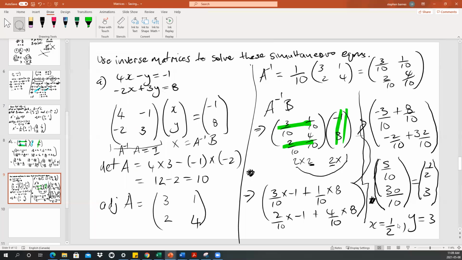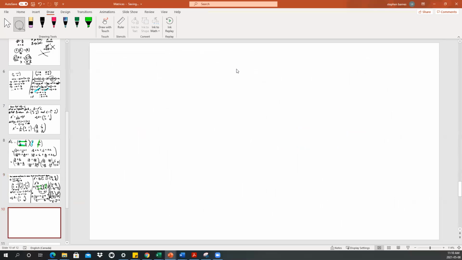I'm going to just test that these are correct by inputting them in the original equation. Of course, it's for teaching purposes, because when you practice, you're supposed to be confident that you get the right answer. Excuse me, I kind of lost myself here. How did you get 5/10 and 30/10?